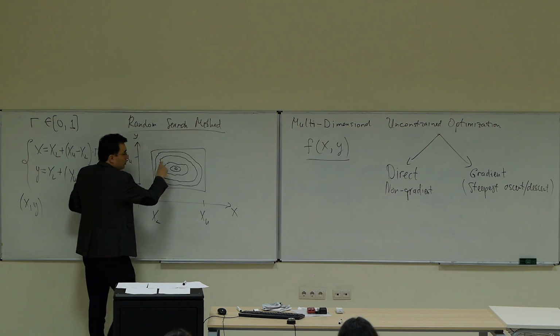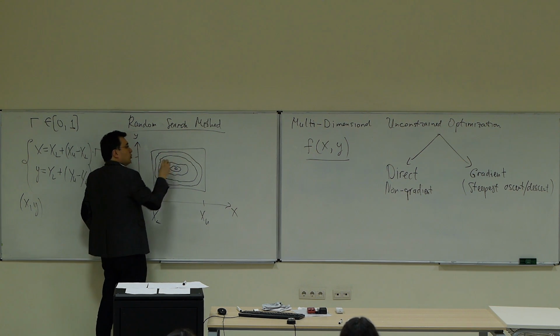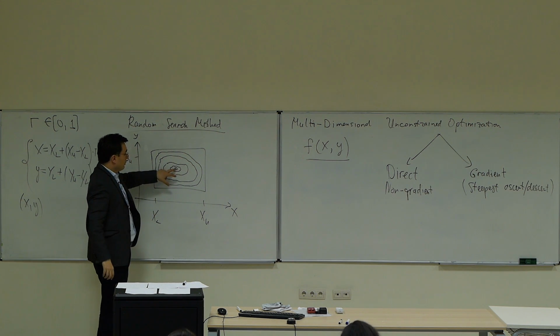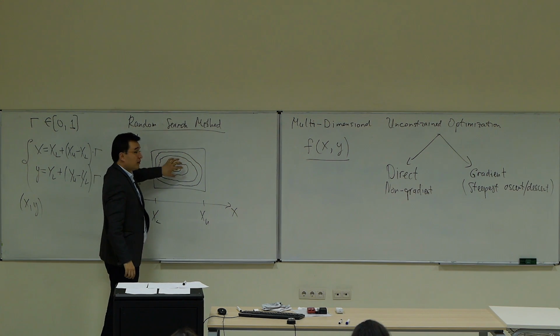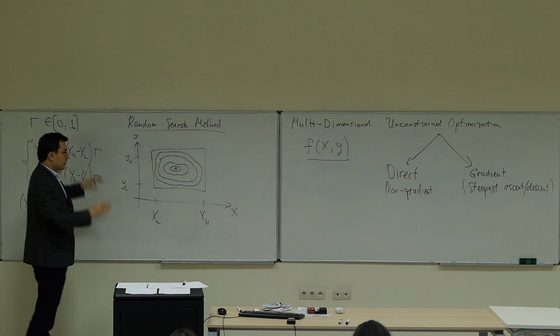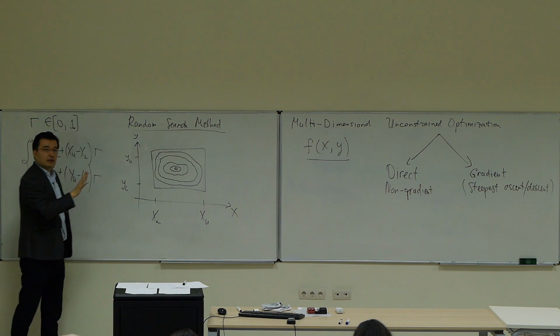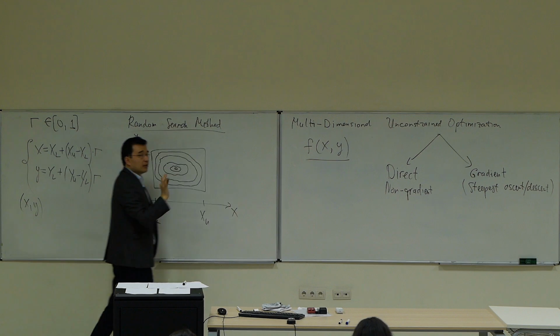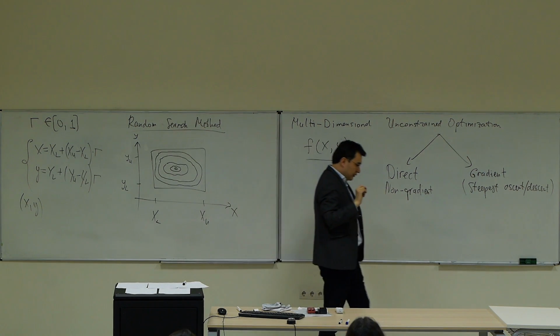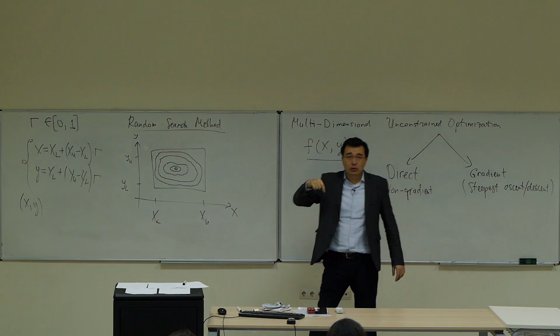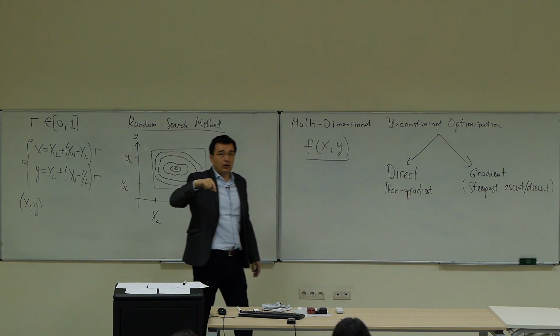It doesn't even try to pick some region to put more numbers in, for example. If we visualize, we know that the maximum should be here, so we could concentrate more numbers here, but it doesn't even do that. It randomly, uniformly samples points on this domain. So it doesn't use any information about the geometry of that function. Because of that, it's a bit slow. It's a very slow method, really slow.